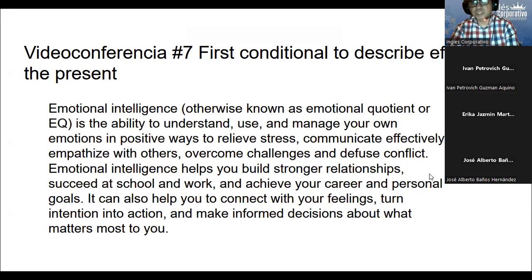Emotional intelligence helps you build stronger relationships, succeed at school and work, and achieve your career and personal goals. It can also help you connect with your feelings, turn intention into action, and make informed decisions about what matters most to you.